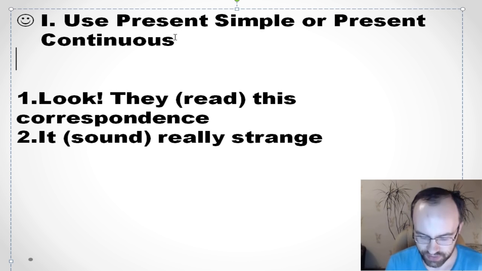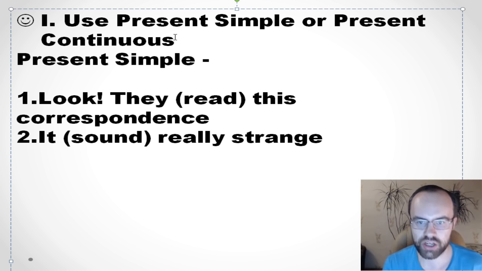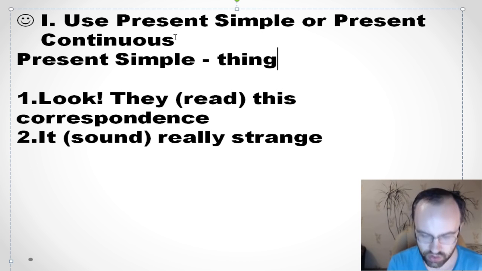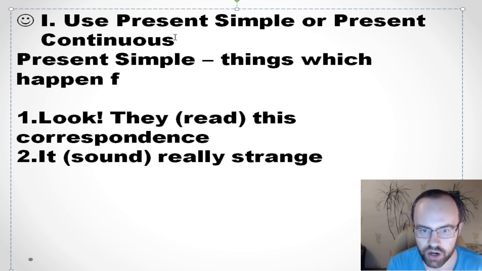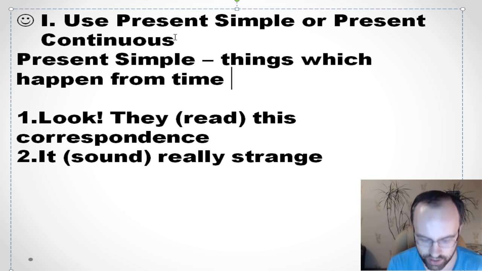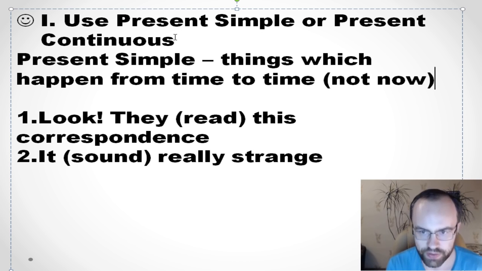You use present simple for things which generally happen, things which happen maybe from time to time, or something like that, but not now. So they happen in general, from time to time, for example, not now.